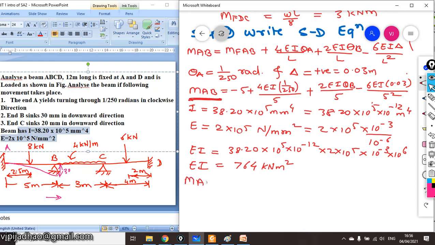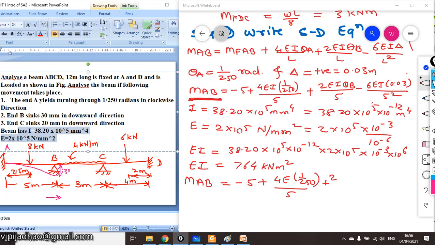Therefore we get MAB is equal to minus 5 plus 4 EI into 1 by 250 divided by 5 plus twice EI theta B. Sorry, just a minute, small correction. Here write down the value of EI.